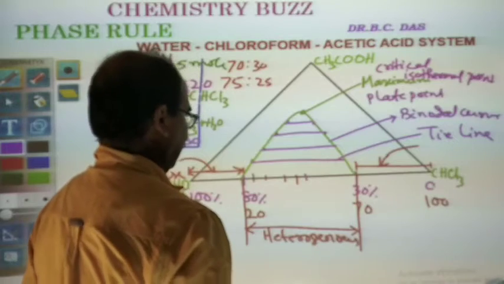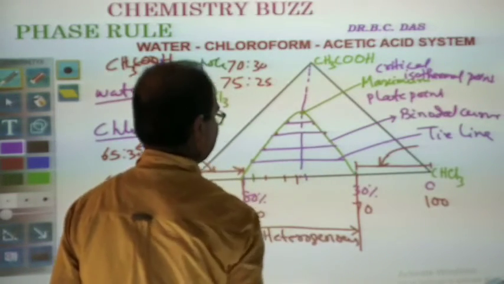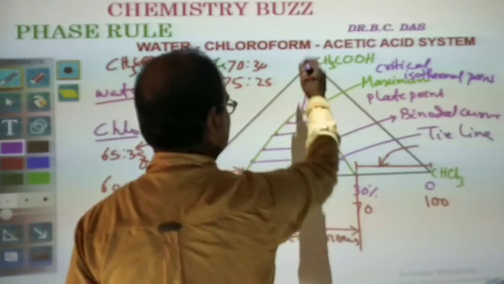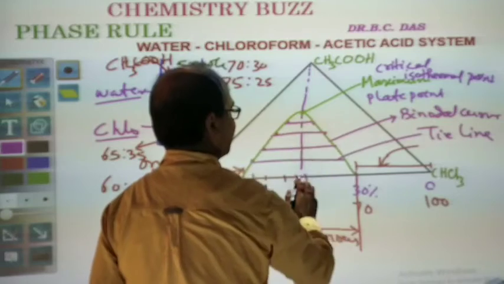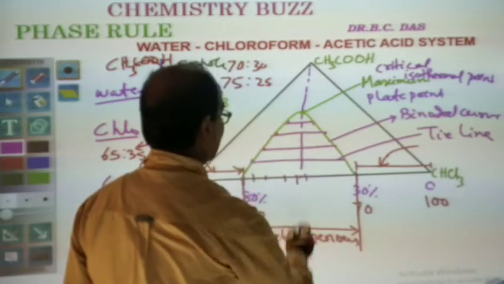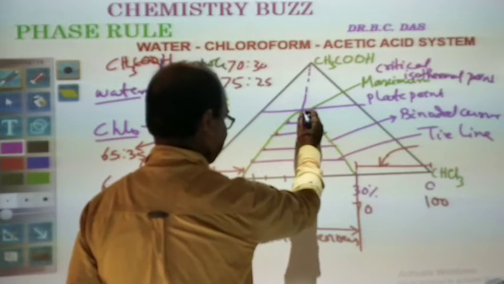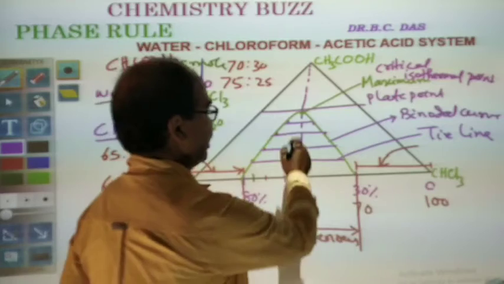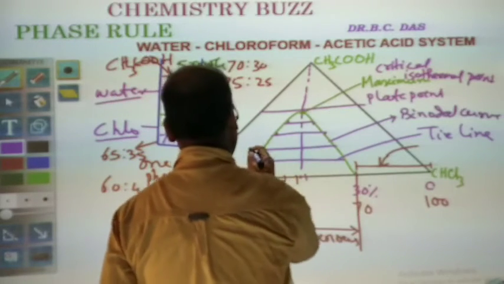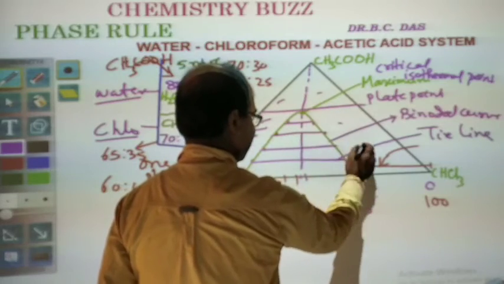Okay, and in this direction is the composition of acetic acid. As we are moving up, the composition of acetic acid is increasing. So at this composition of acetic acid and the composition corresponding to the water and chloroform, this is the maximum. So above this, these regions are the homogeneous regions.